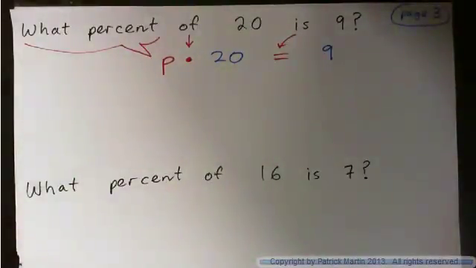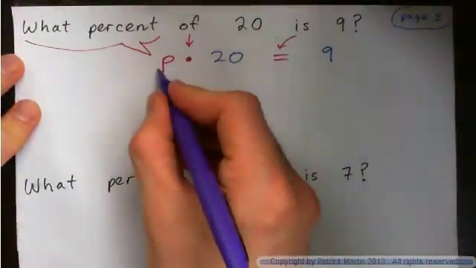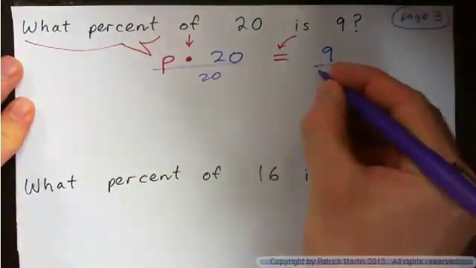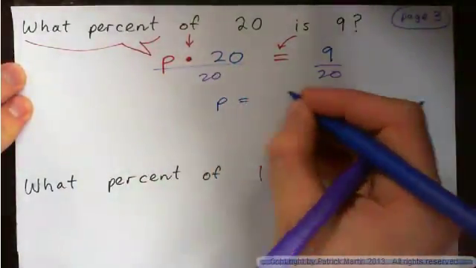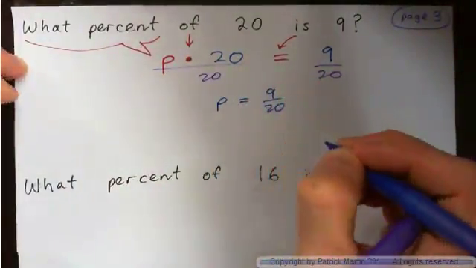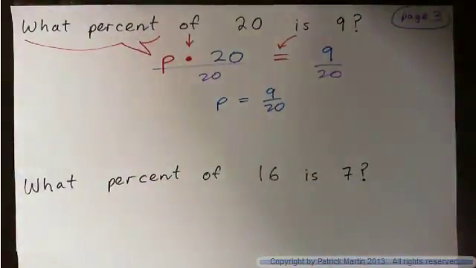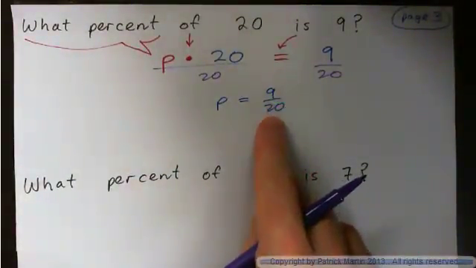And now I need to solve that equation for P. And we did this earlier. If you want to solve for P, P is being multiplied by 20. So you must divide by 20 on both sides. So we find that the percentage P is 9 over 20. And that is the answer. But the answer at the moment is in fraction form.